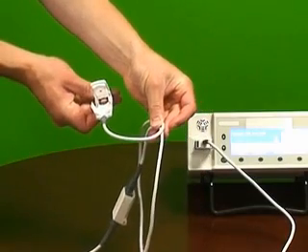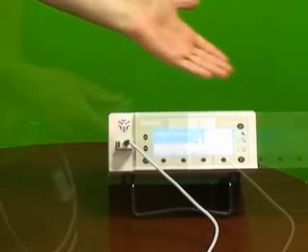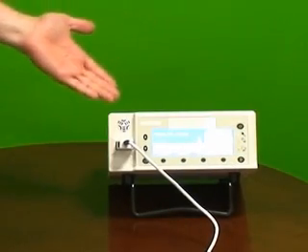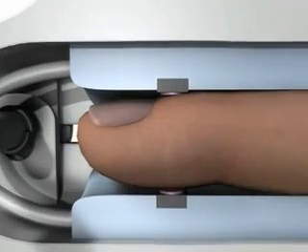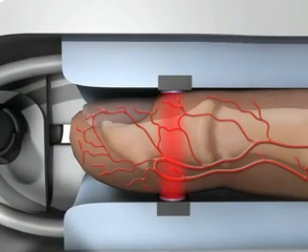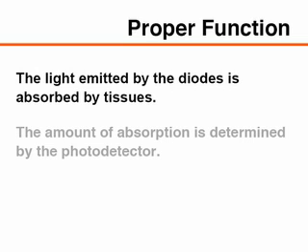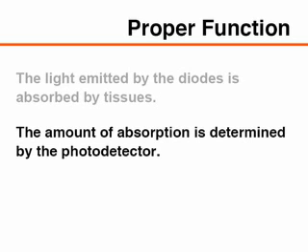Pulse oximeters consist of a peripheral probe and a small microprocessor unit. Traditionally, the peripheral probe contains a photodetector and 2 light-emitting diodes. The 2 light-emitting diodes emit light of different wavelengths. The light emitted by the diodes is absorbed by tissues, and the amount of absorption is determined by the photodetector.